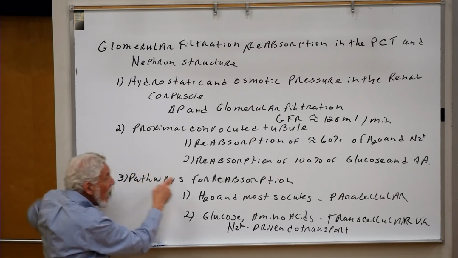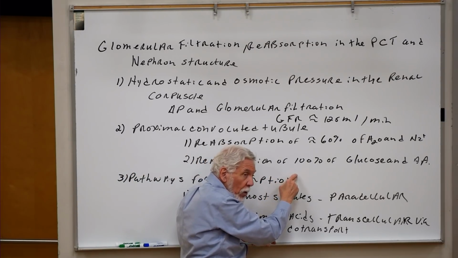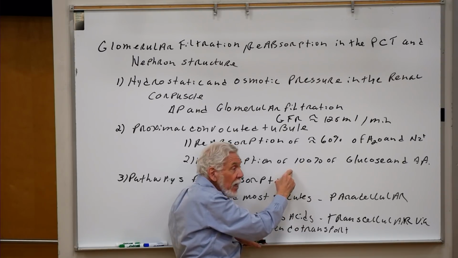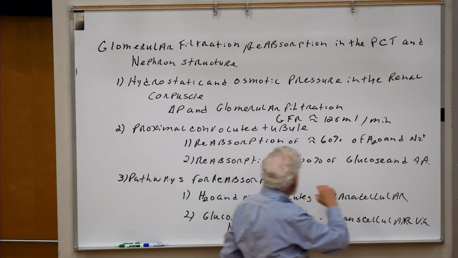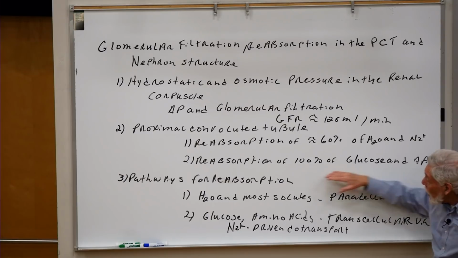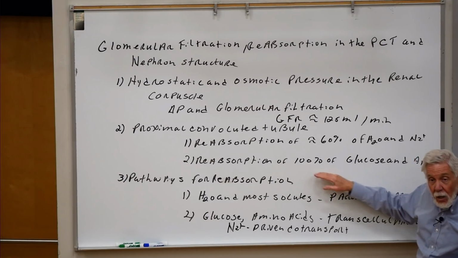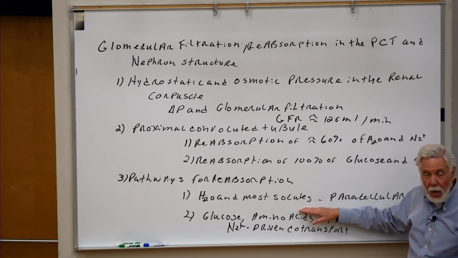We find that, if things are running properly and things are normal, 100% of the glucose that was forced out of the blood from the glomerulus and into Bowman's capsule, 100% of the glucose and 100% of the amino acids are reabsorbed in the proximal convoluted tubule and put back into the blood.